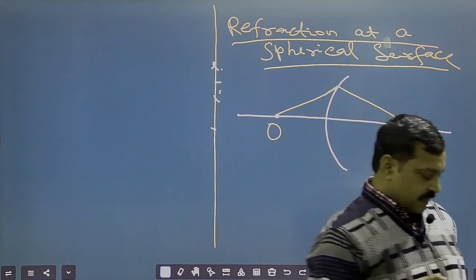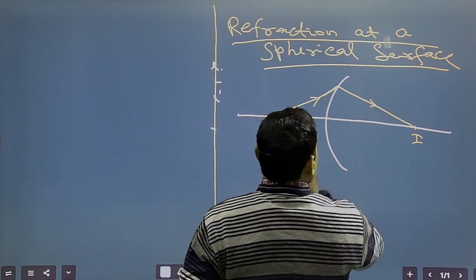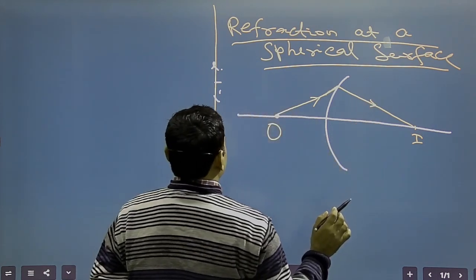In similar types of refractions, normally we have three assumptions. What are they?